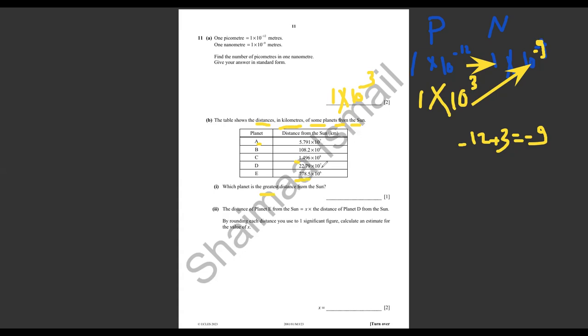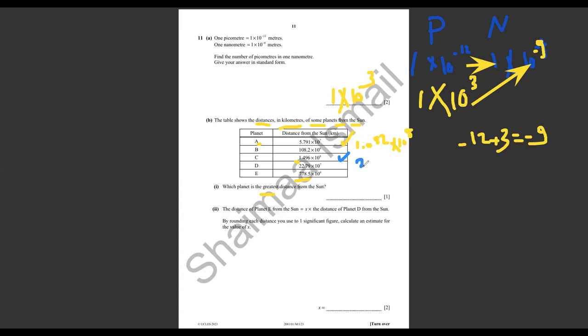So we have to change them all to standard form. So that's 5 already. And here 1.082 times 10 to the power 8, so that has a power of 8. And this one already did it.